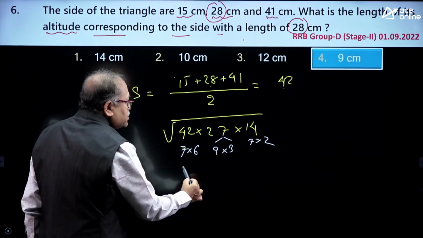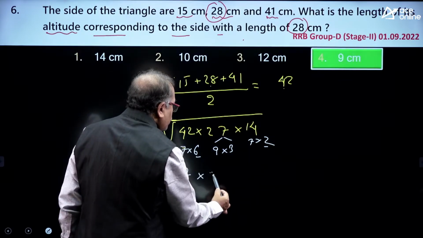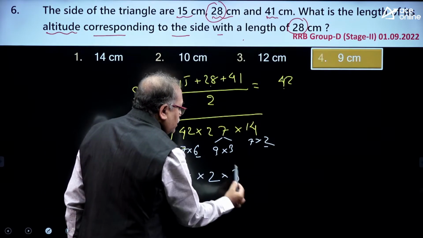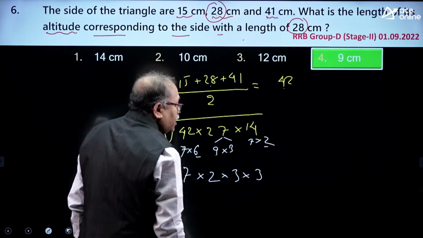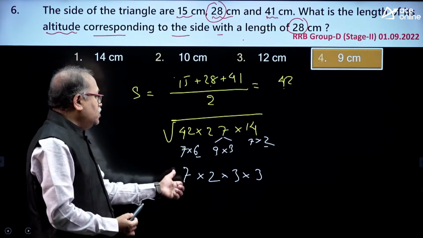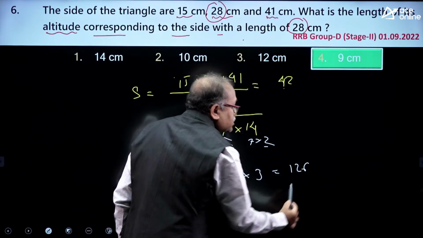So, I can take the 7 outside, and I can take the 1, 2 is here and 2 is here. So, take out that 1, 3 is there, 1, 3 is there, take out that 3, 9, take out the 3 outside, and that is the area, and that is 14 into 9, 126, 126.